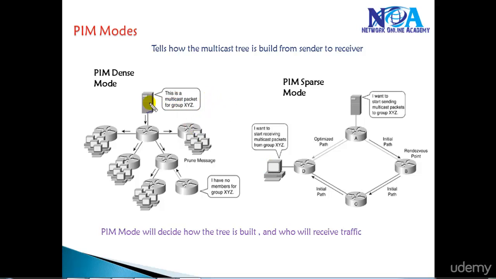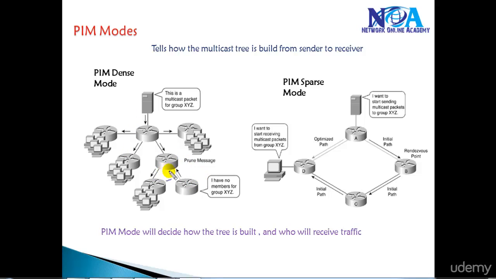Either we can go with dense mode or sparse mode. Dense mode initially works with flood and prune behavior, where the multicast traffic is initially flooded, and if anyone does not want it, a prune message is sent and the router stops the multicast traffic for that particular group.